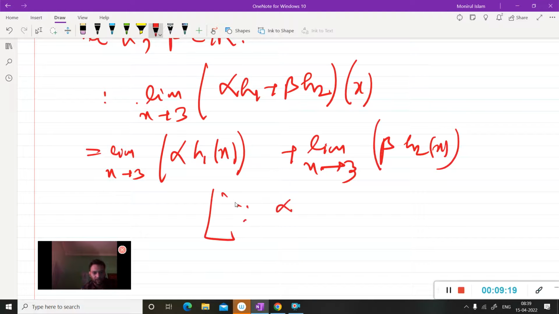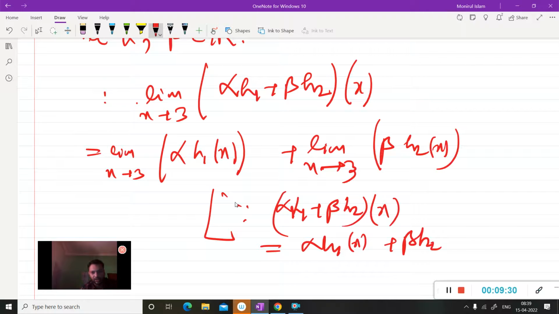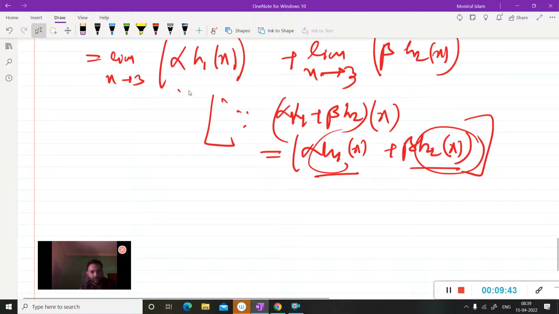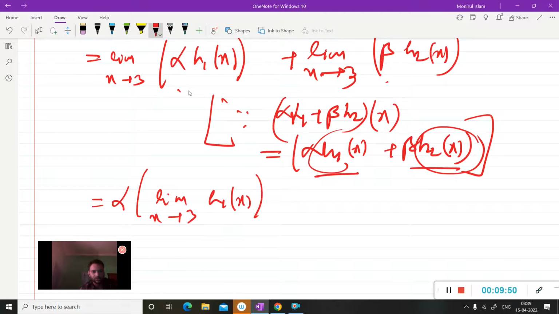Because this is a sum of functions, you can break it like alpha h1(x) plus beta h2(x), then I take the limit over each part. Now alpha is a constant, so alpha comes outside, beta is a constant, so beta comes outside, so this gives alpha times limit x tends to 3 of h1(x), and beta times limit x tends to 3 of h2(x).